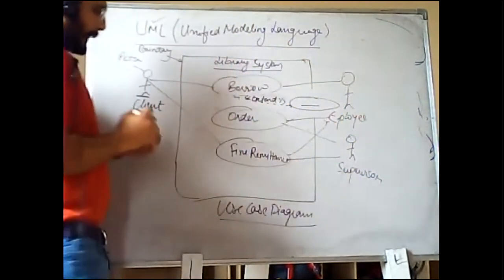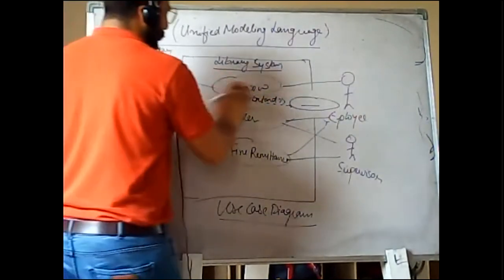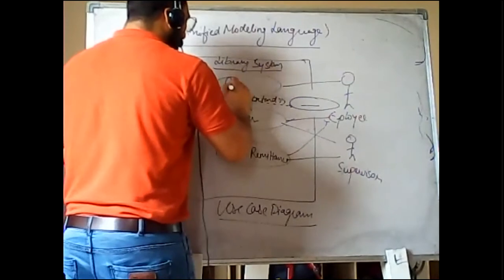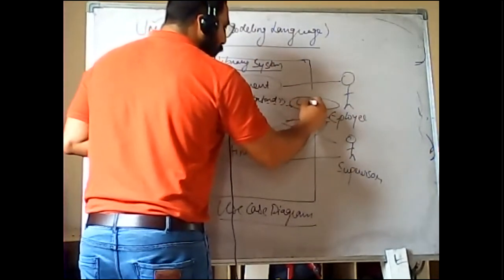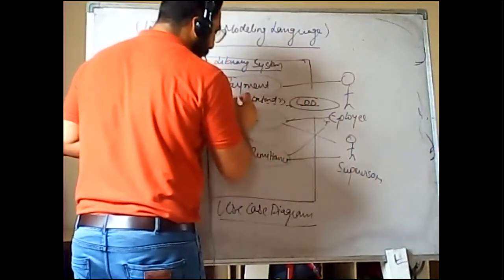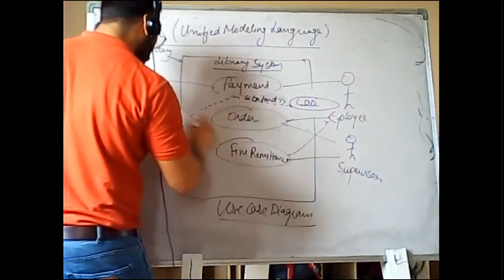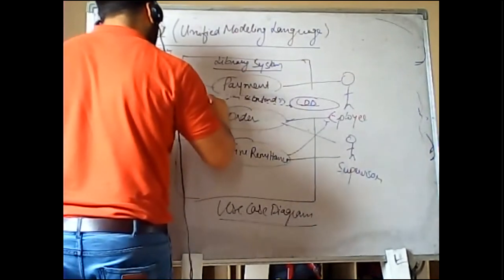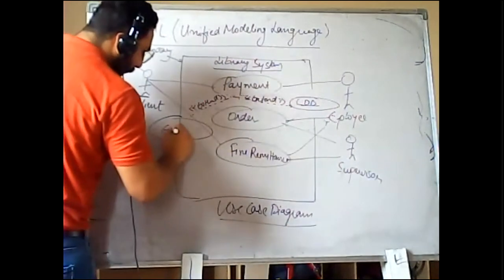Okay, I will write any type of name here after borrow, or if there is any payment module, a payment can be cash on delivery, or it can be further EMIs.